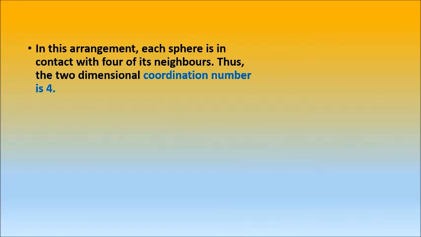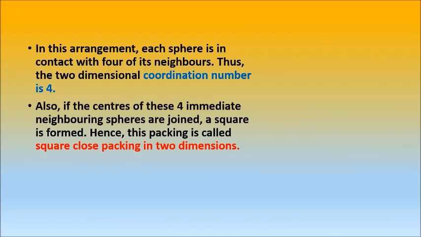Now here in this two-dimensional square close packing, when you take one sphere, it is attached with 4 more spheres. So because of those 4 spheres attached to one sphere, the coordination number becomes 4. Also, if the centers of these 4 immediate neighboring spheres are joined, a square is formed.